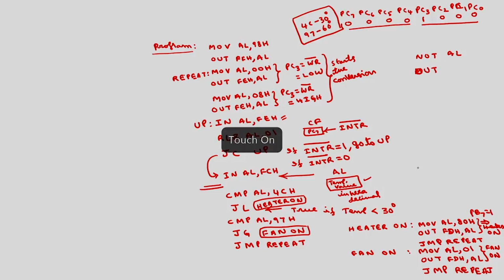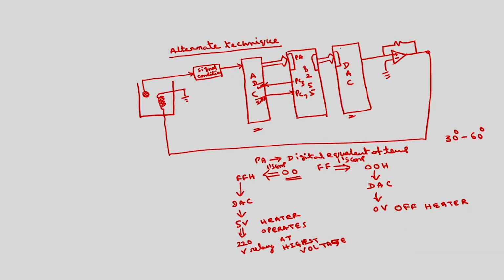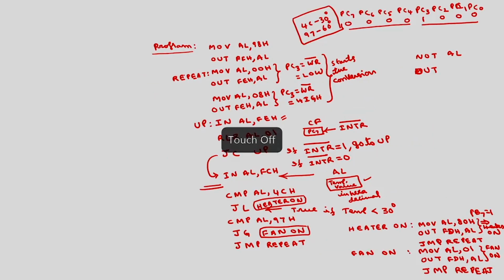I am going to connect this D to A converter to port B. You have to program this as an output port. Anyhow, in the previous example also you programmed port B as an output port. So, OUT port B is FDH comma AL.